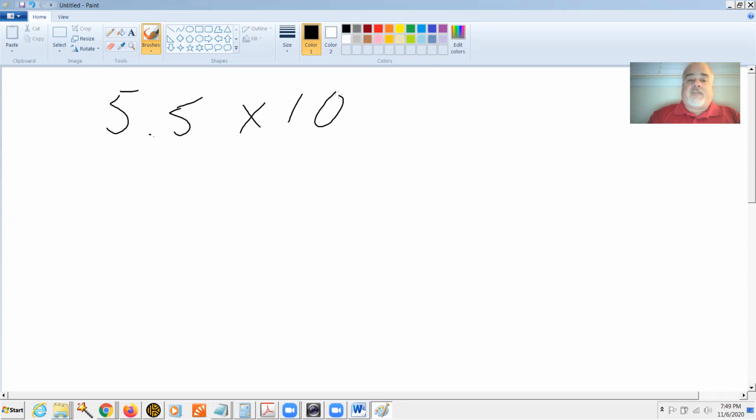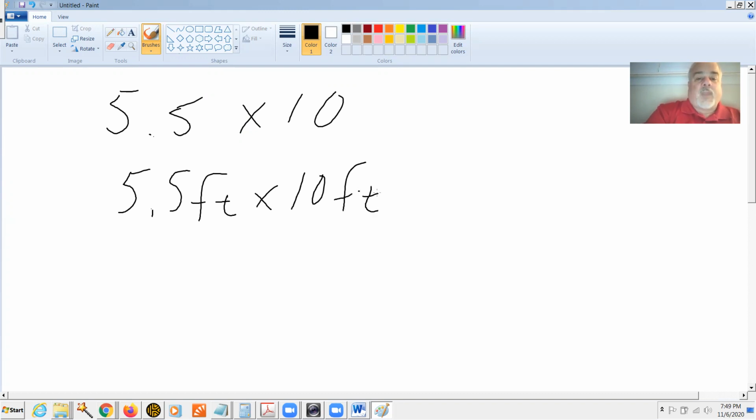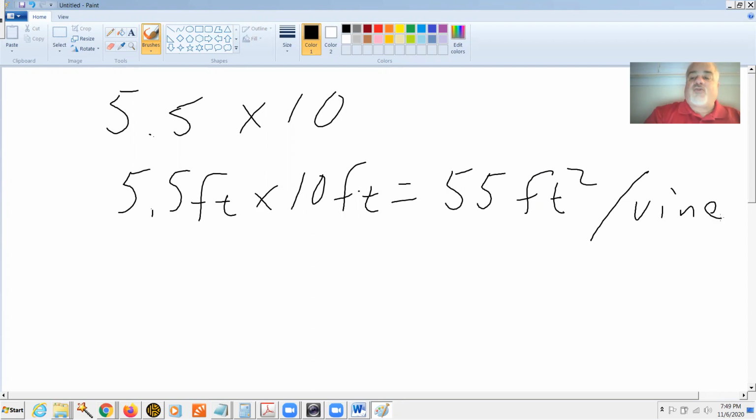Well, if I've got a 5.5 by 10 layout, that means that I've got 5.5 feet times 10 feet equals 55 square feet per vine. Each vine in my layout, in my vineyard, occupies 55 square feet of that acreage.